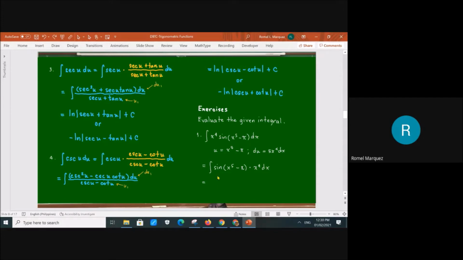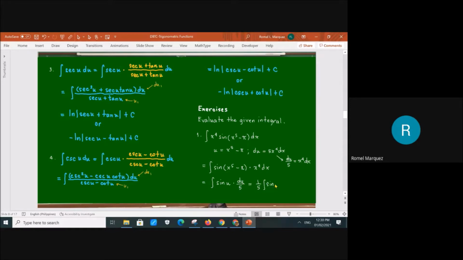Inside is sine u, so this is u. But what is x to the fourth dx, guys? From here, du over 5 is equal to x to the fourth dx. So x to the fourth dx is du over 5, right? Yes. And this is equal to 1/5 integral of sine u du.